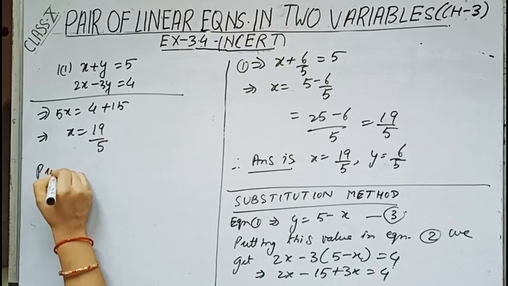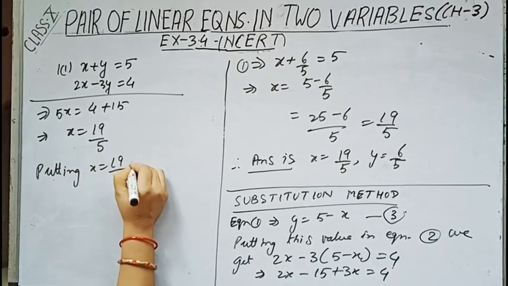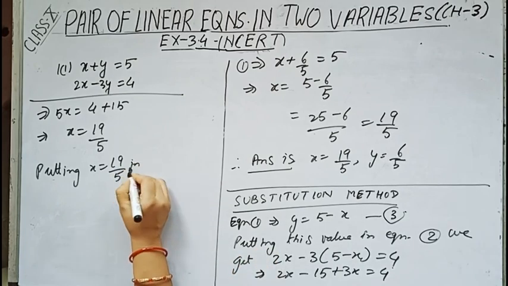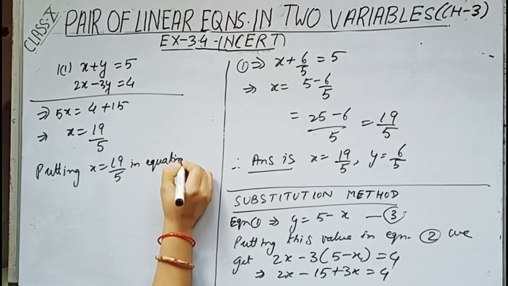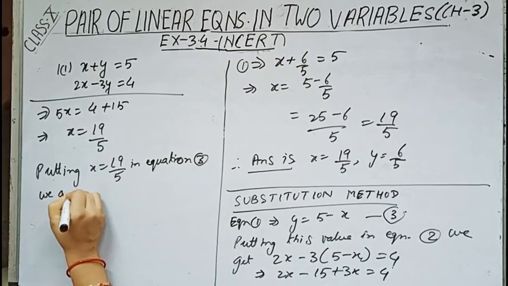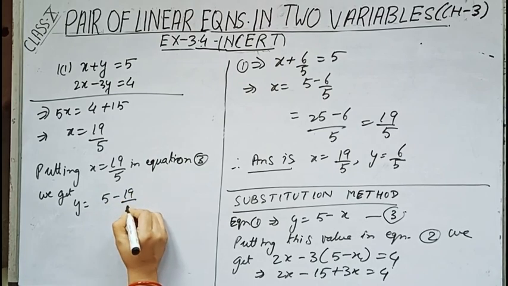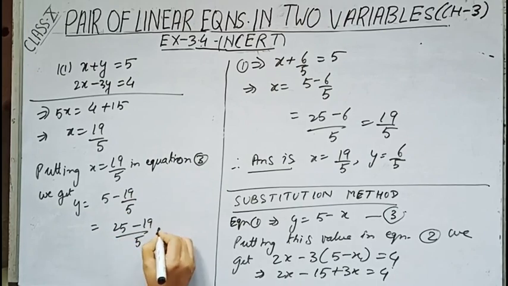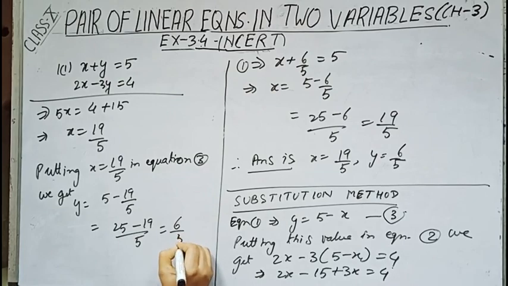Now putting x equals 19 by 5, in place of putting you better write substituting, x equals 19 by 5 in equation 3, we get y equals 5 minus 19 by 5 equals 25 minus 19 by 5 equals 6 by 5.